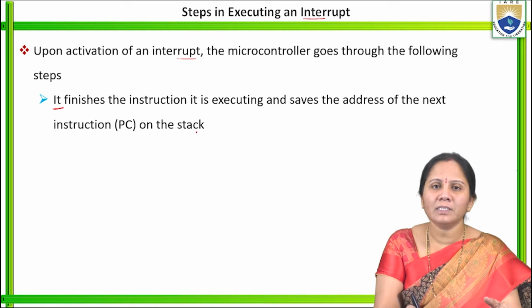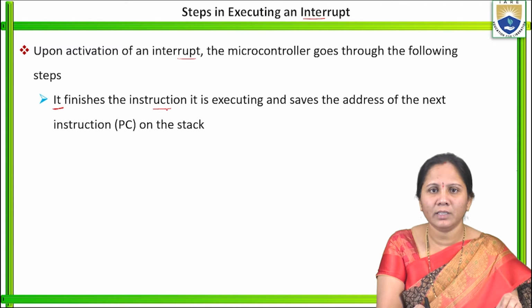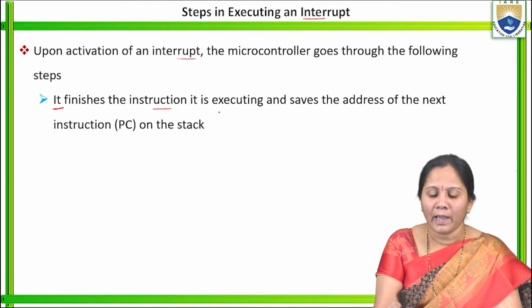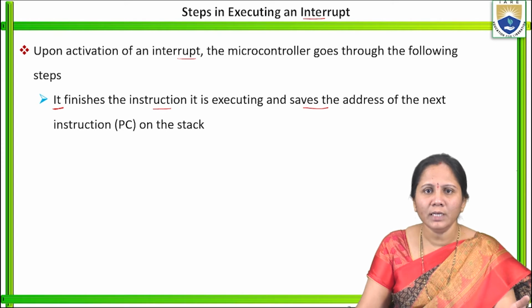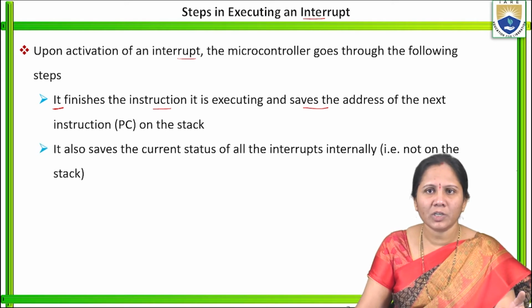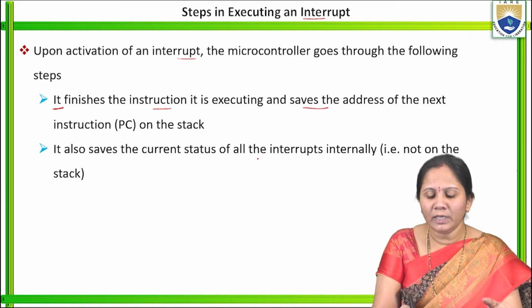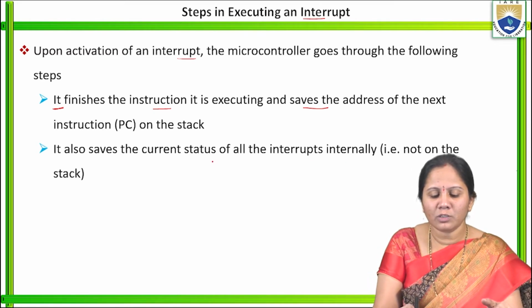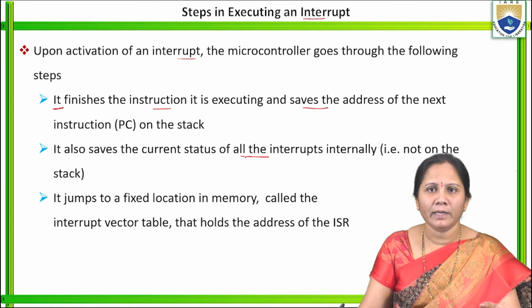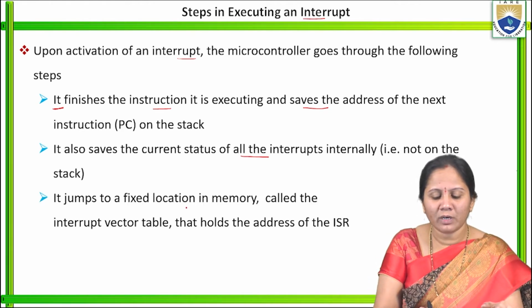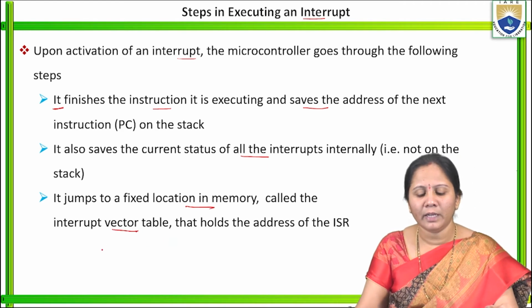So when an interrupt occurs, the microcontroller finishes executing the present instruction and saves the address of the next instruction on the stack. After saving the address of the next instruction, then only here it also saves the current status of all the interrupts internally, and then it jumps to the fixed location in the memory, which is called the interrupt vector table.